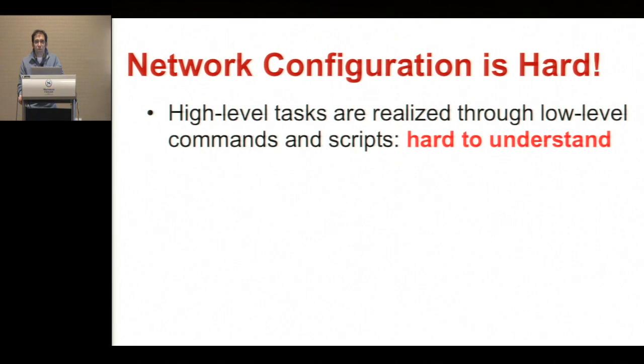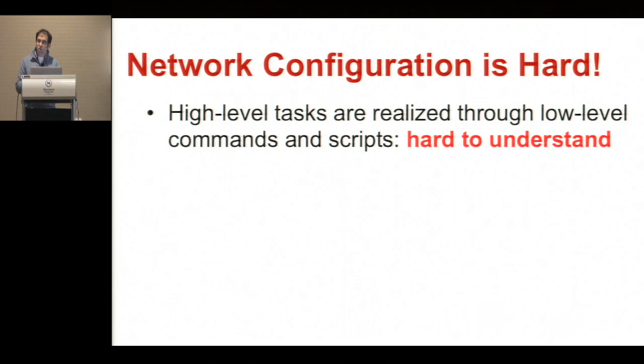One is that there are high-level tasks that network operators are trying to achieve. Often these things are trying to separate different portions of the network, so you may not want a particular group of users in an enterprise network to have access to the payroll or the HR part of the network. You may want to defend against attacks. You may want to prioritize certain types of traffic, say video conference traffic or streaming, over some other types of traffic, and so forth.